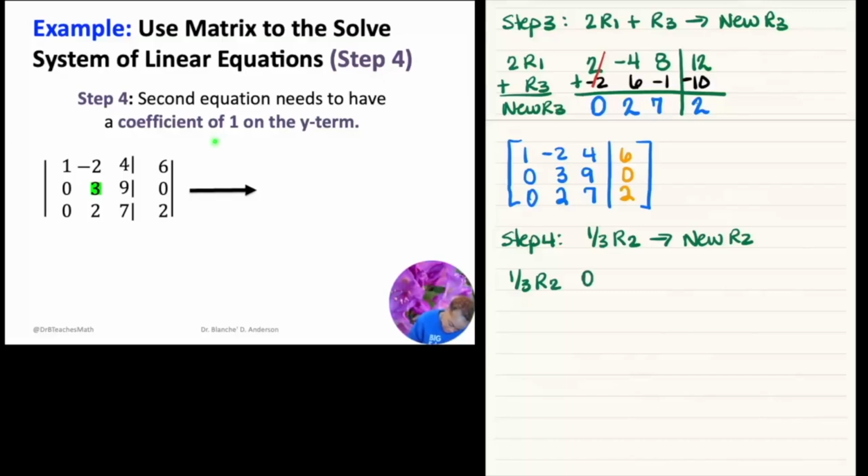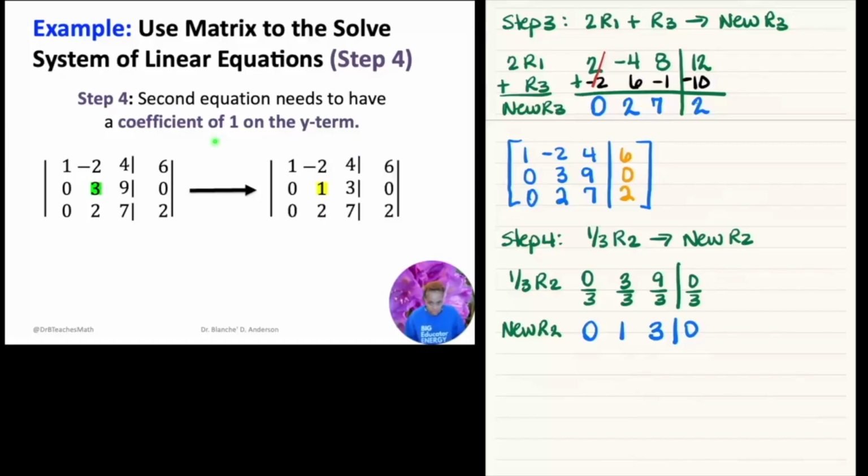So that would be 0 over 3, 3 over 3, 9 over 3, and the constant 0 over 3. When you simplify this, this becomes 0, this becomes 1, that becomes 3, and that becomes 0. So that is my new row 2: 0, 1, 3, 0.